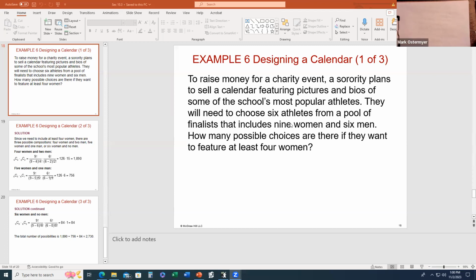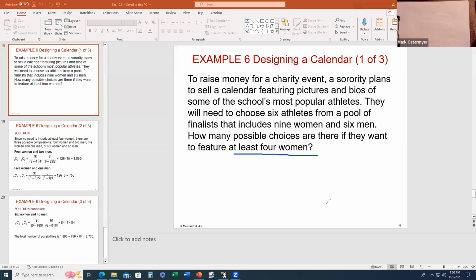Could I just choose 3 women? Is that possible? No, it says at least 4. We need to adhere to this. So we can't choose no women. We can't choose 1 woman. We can't choose 2 women or 3 women. We must choose at least 4.